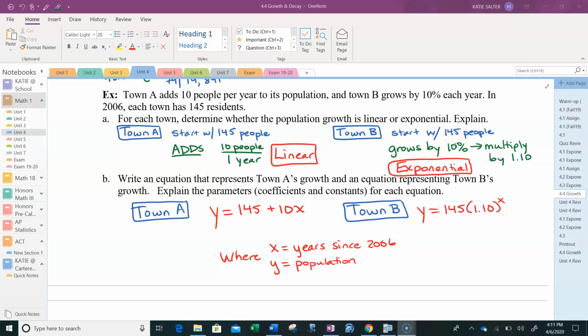So it's 100% plus 10%, which is 110%. And then you've got to change it to a decimal by dividing by 100 or moving that decimal place over 2 places to the left. So the multiplier is 1.10, not just 0.10. And of course, we would write this as an exponential function where we have our initial value, 145, our multiplier, and then raised to the x.